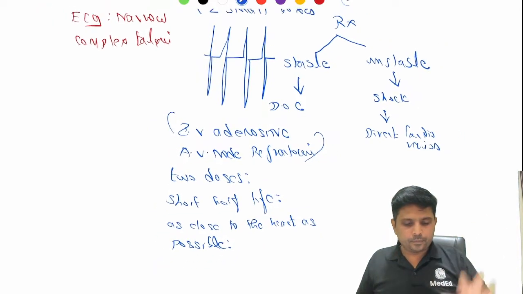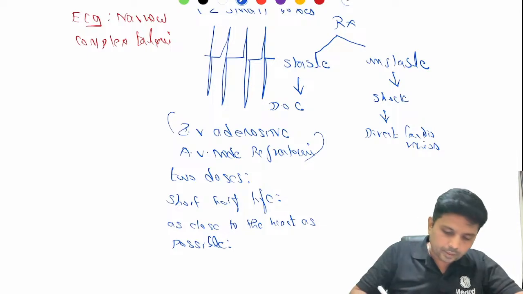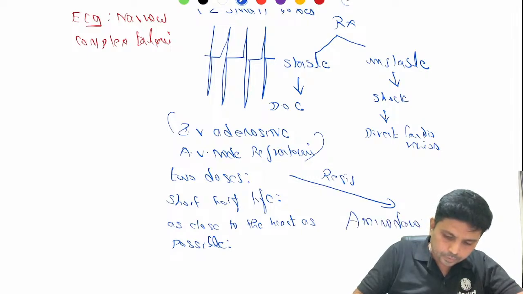If adenosine is resistant, then you can give amiodarone.